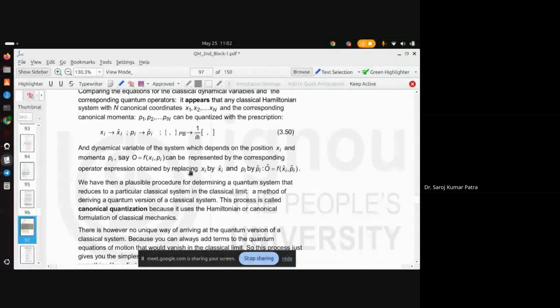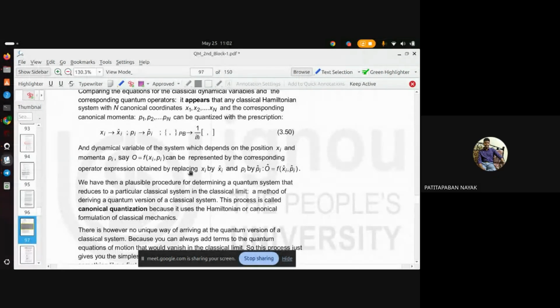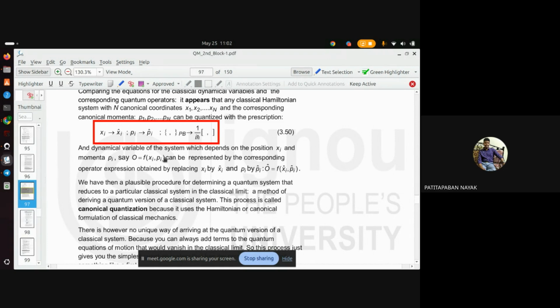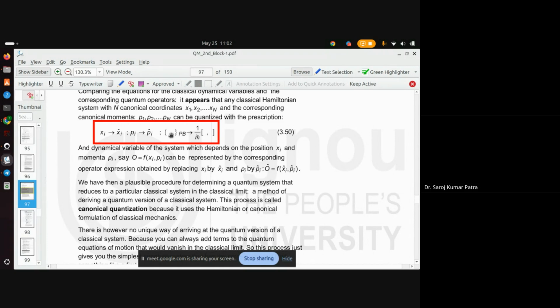When going from classical to quantum, the Poisson bracket becomes the commutator bracket, but the iħ term is added. Your x_i goes to x_i cap and p_i goes to operators, and your Poisson bracket goes to 1 upon iħ times your commutator bracket.